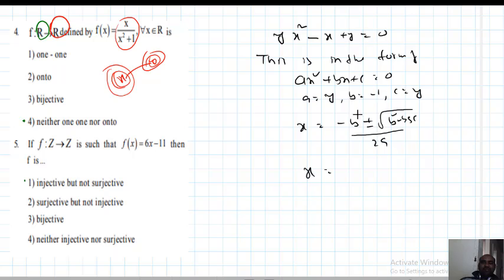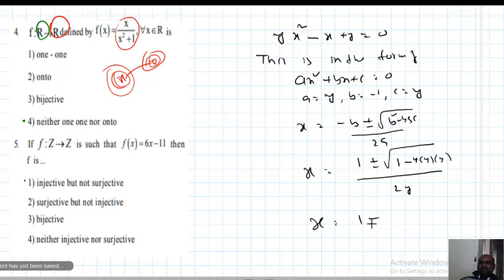Here b is minus 1, so minus b is 1, plus or minus root over 1 minus 4, a is y, c is y, by 2y. So finally, what I got: x equals 1 plus or minus root over 1 minus 4y square, by 2y.